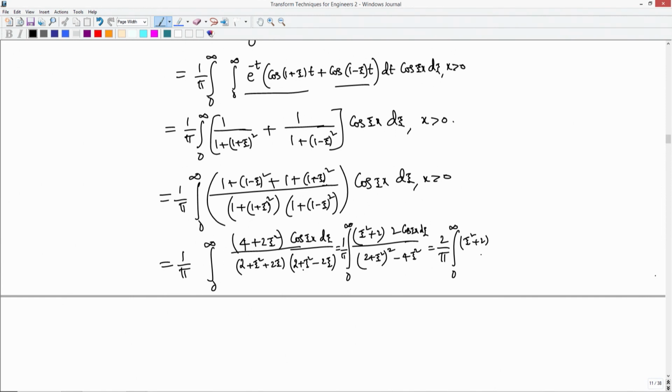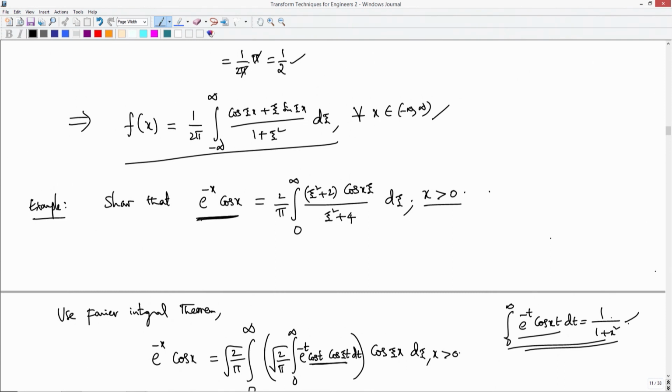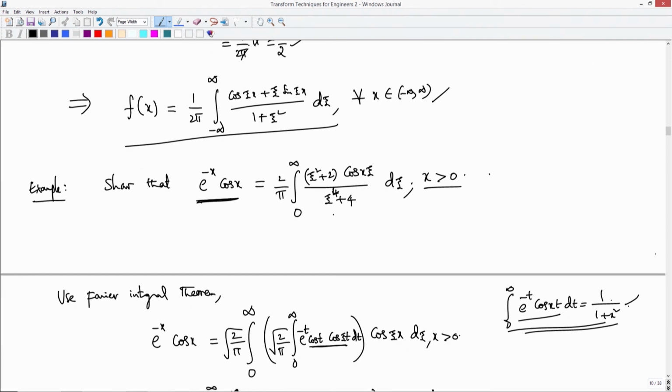So, this is by 2 comes out cos xi x d xi divided by, if you expand this, you can see xi power 4 plus 4. Okay. So, this is for x positive. There is something wrong, a typo here, it should be xi power 4, this is the correct problem.